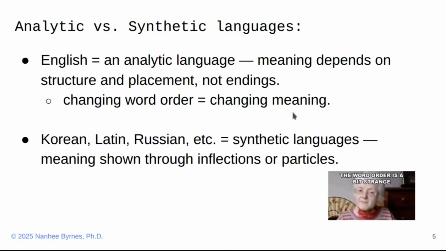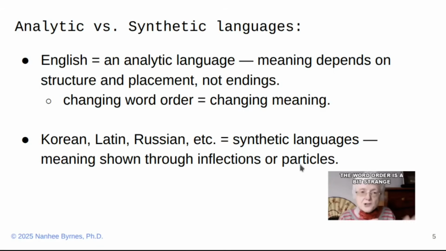Now, you might be wondering, why does English rely so much on word order, while other languages seem more flexible? The answer lies deep in how the language is built. English doesn't use a rich system of endings to mark who's doing what, unlike languages like Korean, Japanese, or Latin, which use inflections or particles to show grammatical relationships.